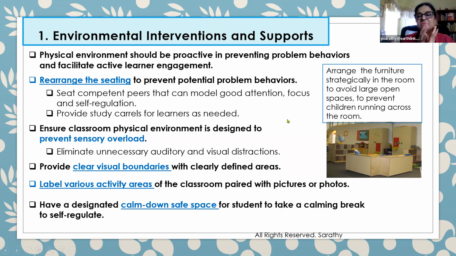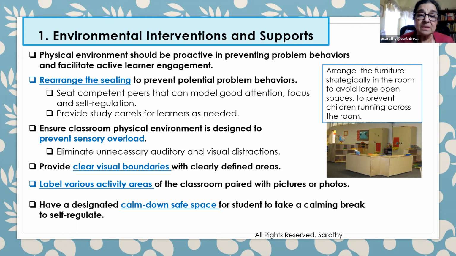So, beginning with the environmental support, we have to make sure the physical environment of the classroom is proactive. If you can at all, rearrange the seating to prevent potential problem behaviors.